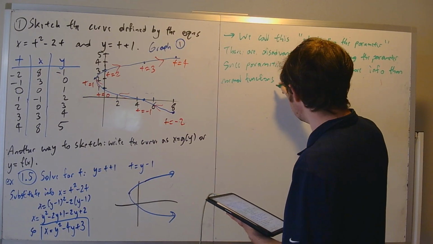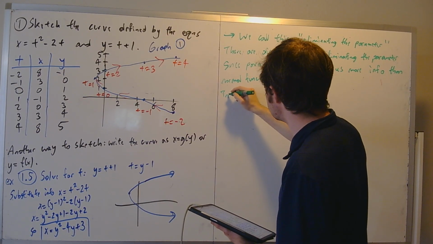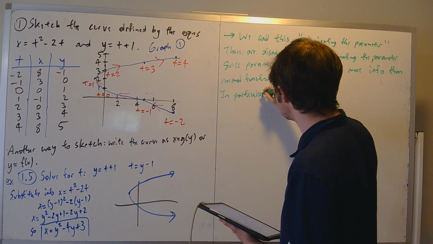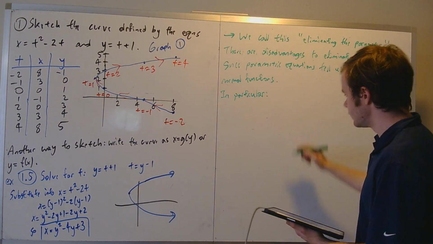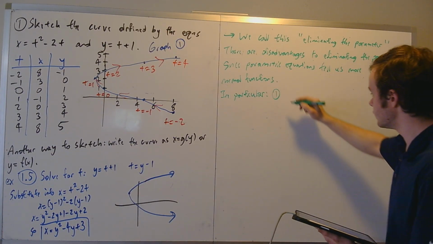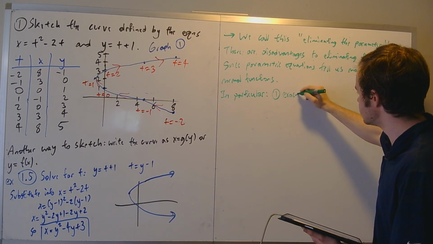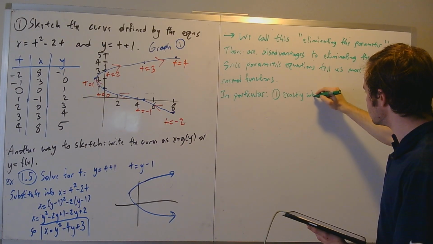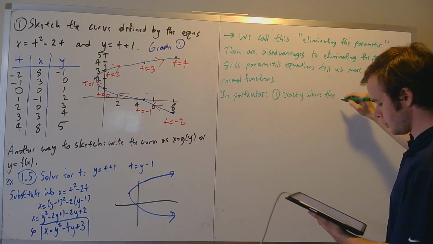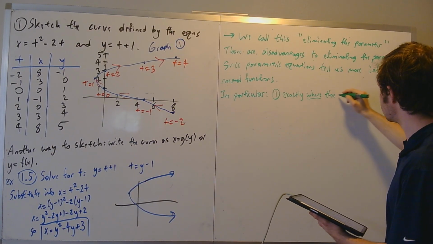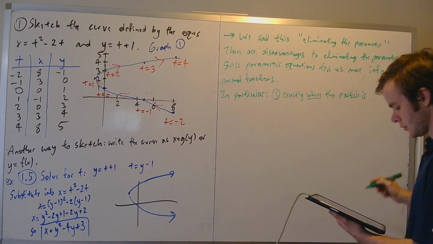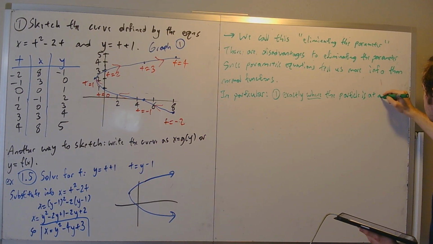Right? So remember, in particular, the first piece of information that a parametric equation tells us is exactly where the particle is at a given time.